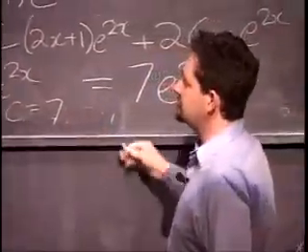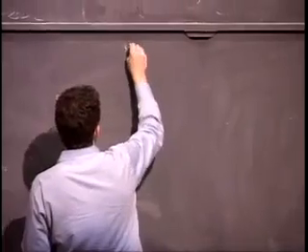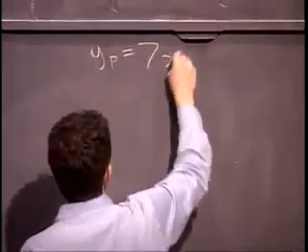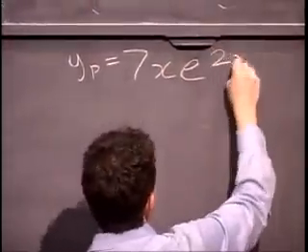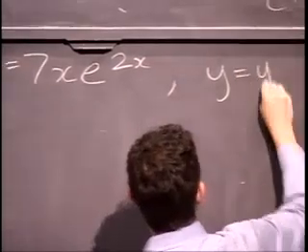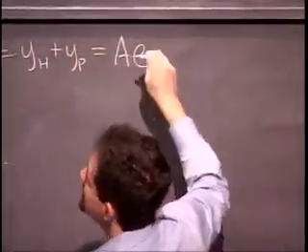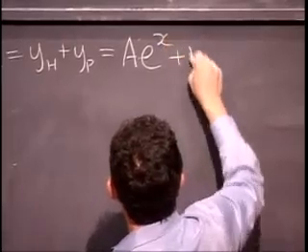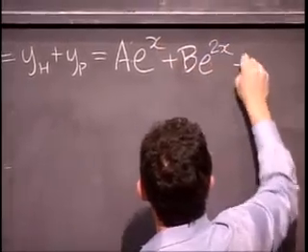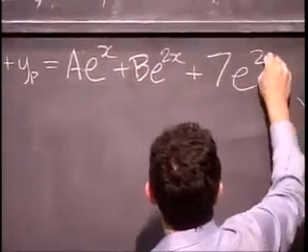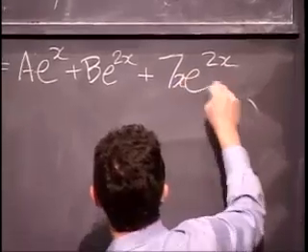So that's very nice. So that means that the solution is just yp is 7x e to the 2x. So y is yh plus yp, which is a e to the x plus b e to the 2x plus 7x e to the 2x.